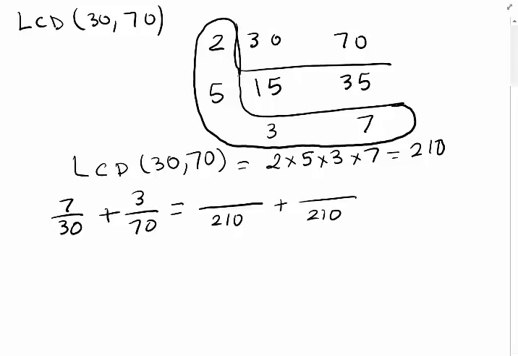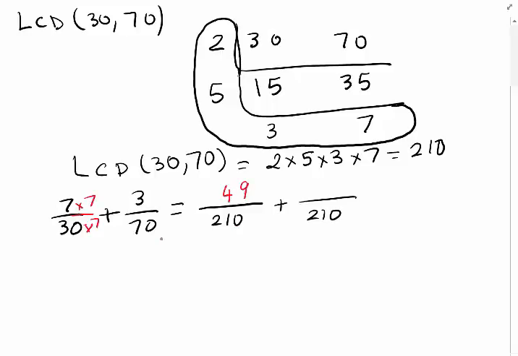Okay, notice here, if I multiply 30 times 7, I get 210. And whatever you do in the denominator, you must do in the numerator, so the fraction does not change. 30 times 7 is 210, and 7 times 7 is 49.